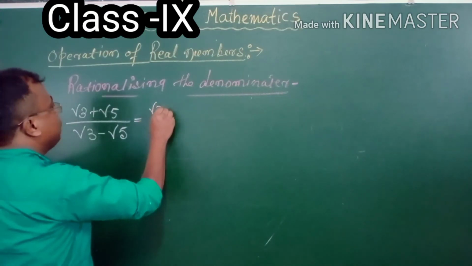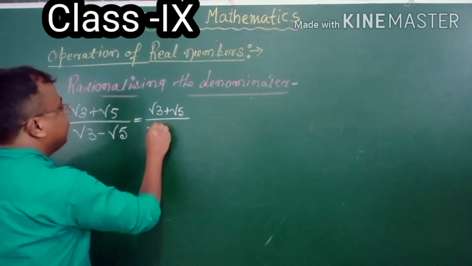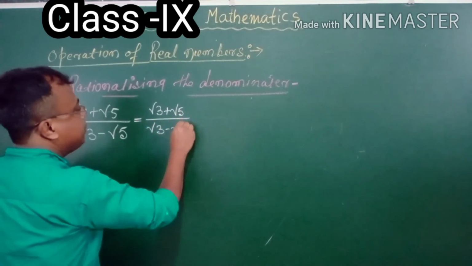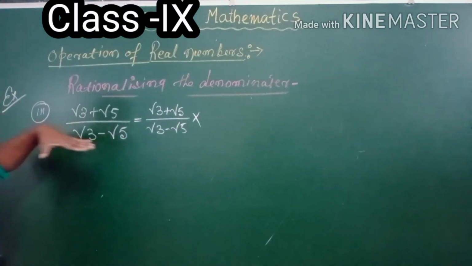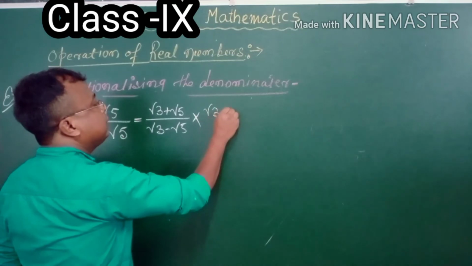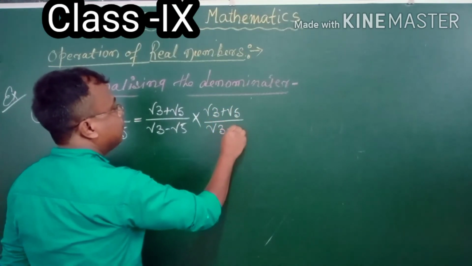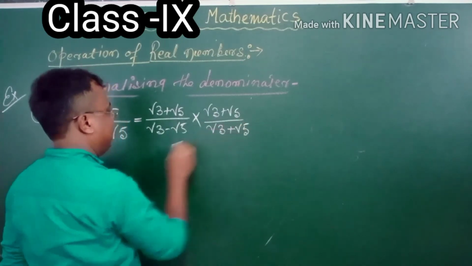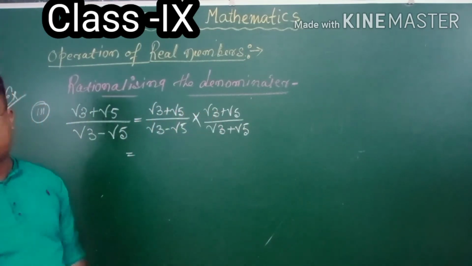Okay. So root 3 plus root 5 divided by root 3 minus root 5. This is the question. So multiply it what? You have to multiply by the conjugate of the denominator. So root 3 plus root 5. Here root 3 plus root 5. Okay? ये क्या हो रहा है? a plus b whole square में आ रहा है कि नहीं?